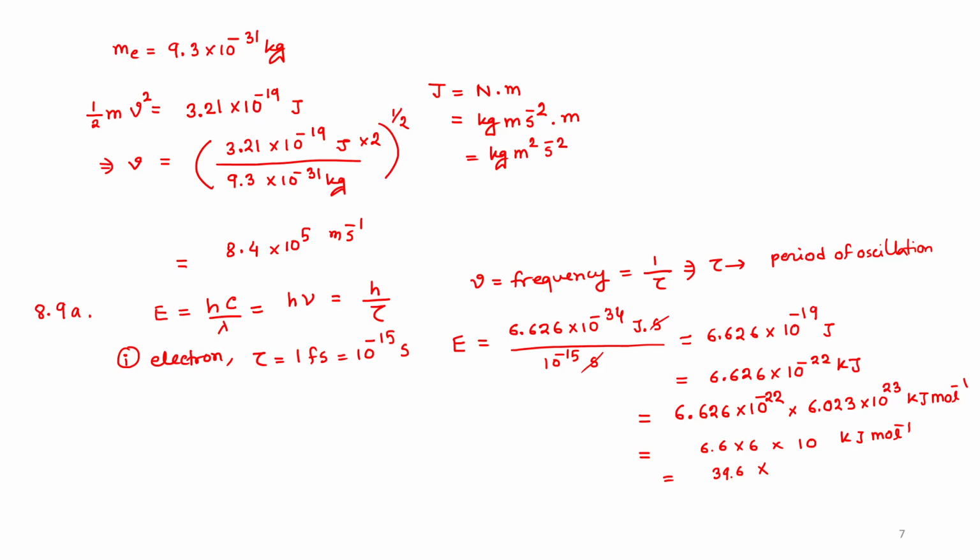But when we need to do it for numerical problems, we have to use our calculator. 6.626 into 6.023, and we are getting 399.08 kilojoule per mole. I guess I have not made any mistake in the calculation, right? Is it correct for you? Do you find it justified?